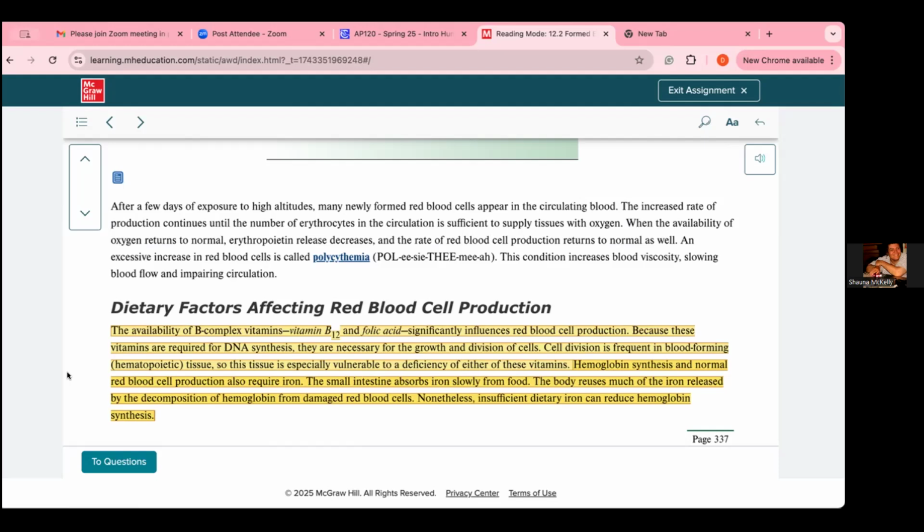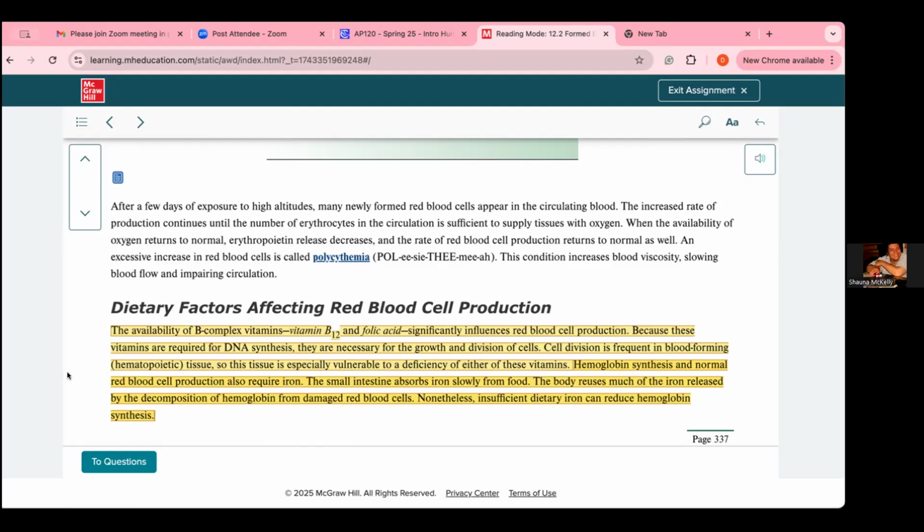Yeah, so iron. The small intestine absorbs iron slowly from food. The body reuses much of the iron released by the decomposition of hemoglobin from damaged red blood cells. Nonetheless, insufficient dietary iron can reduce hemoglobin synthesis.